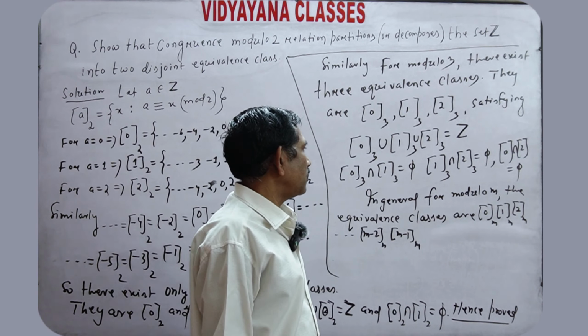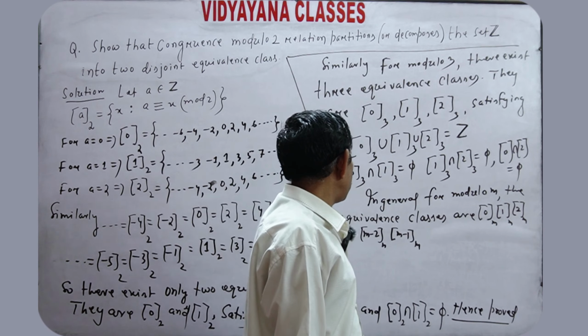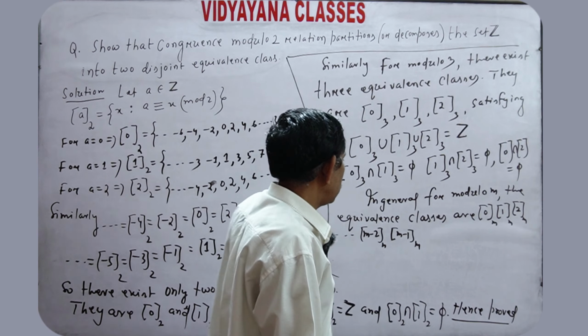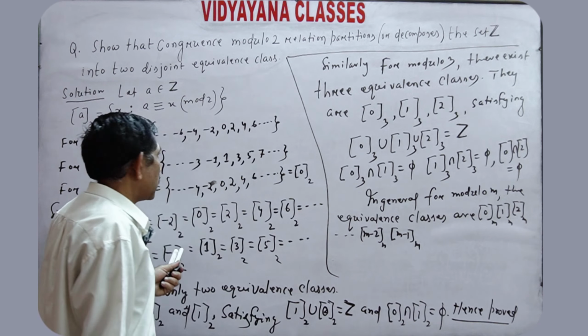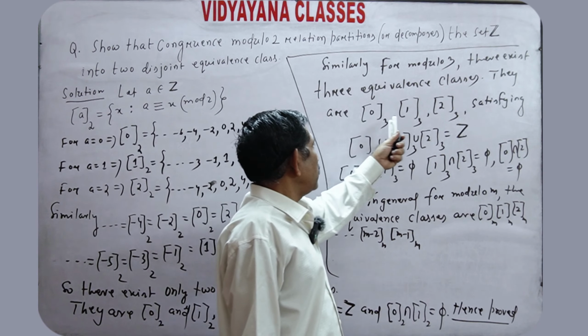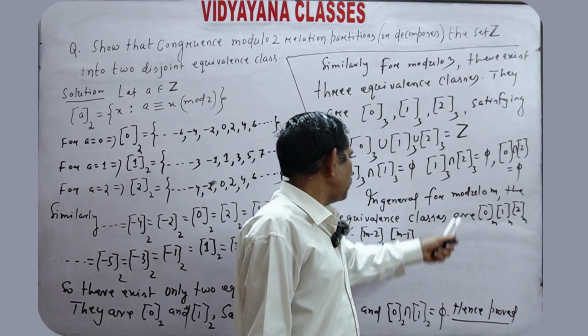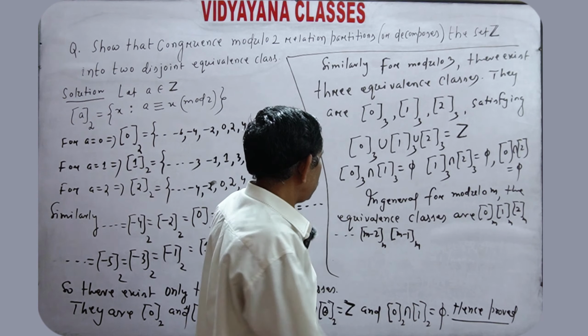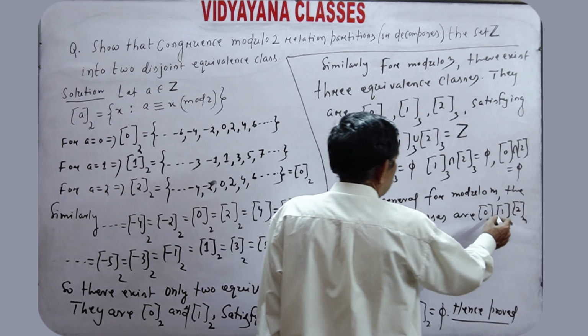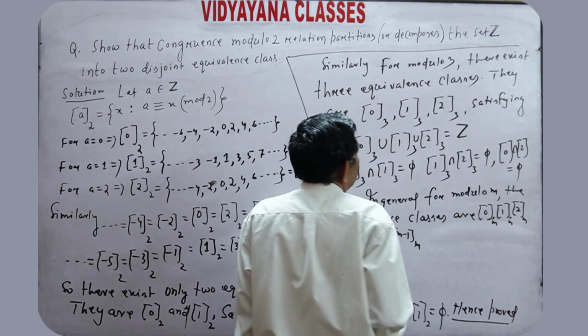In general, for modulo M, the equivalent classes are these. That means for modulo 2, 2 equivalent classes. For modulo 3, 3 equivalent classes. For modulo M, there are M equivalent classes. Clear?